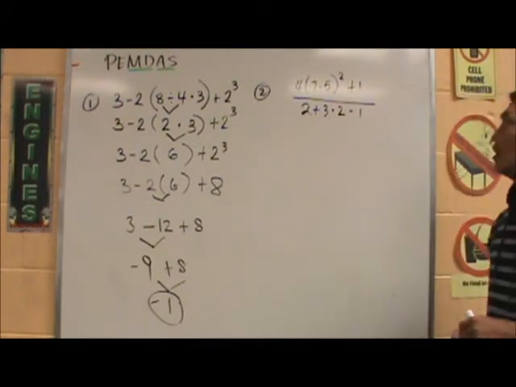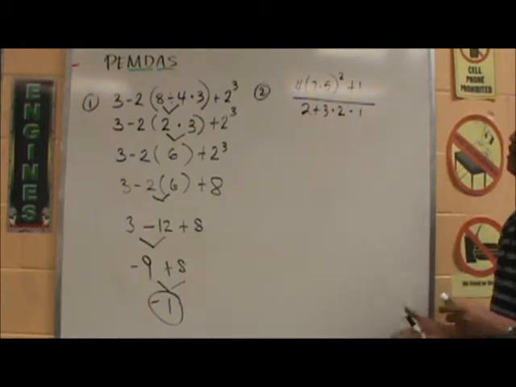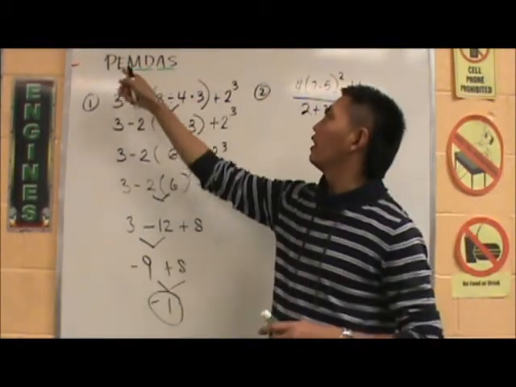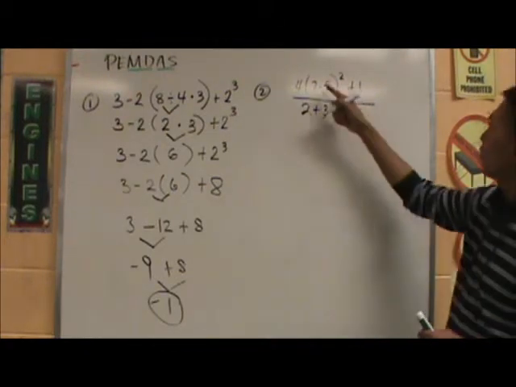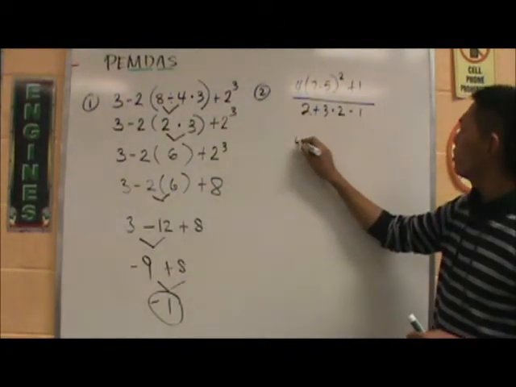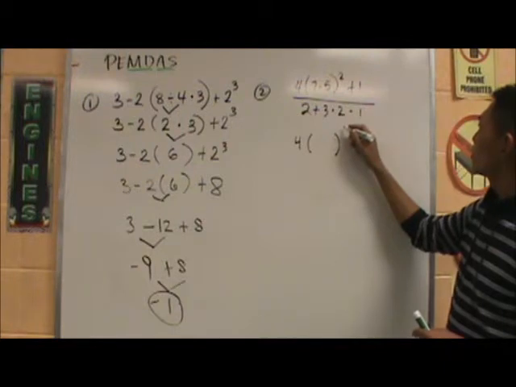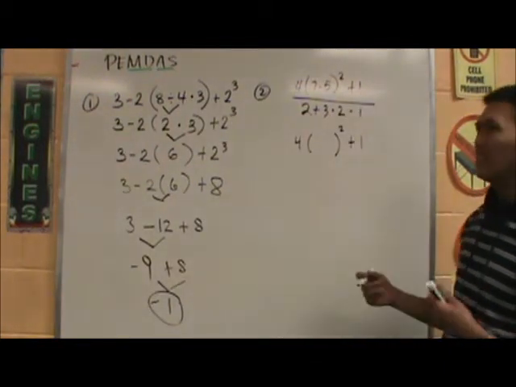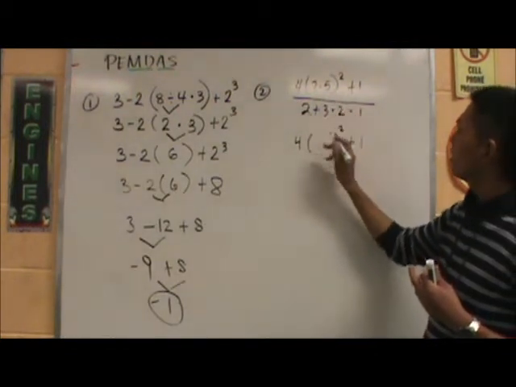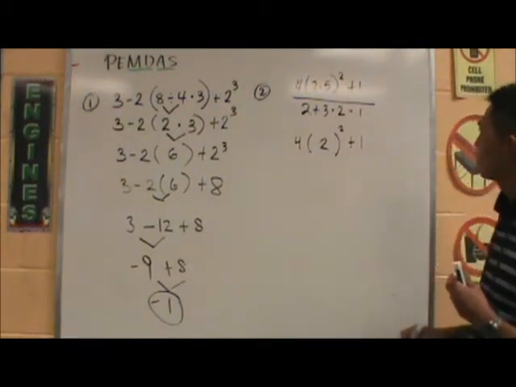Here we go. Now, having this problem, again, we have to follow the PEMDAS. Here we have parentheses first. So we're just going to go ahead and solve that 7 minus 5, which is 2.